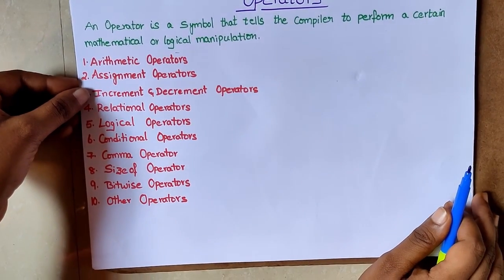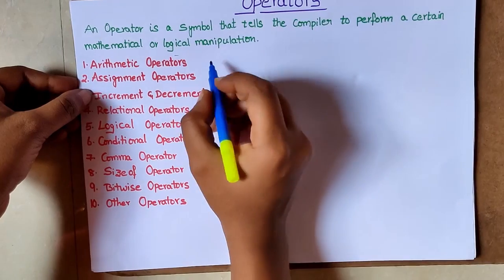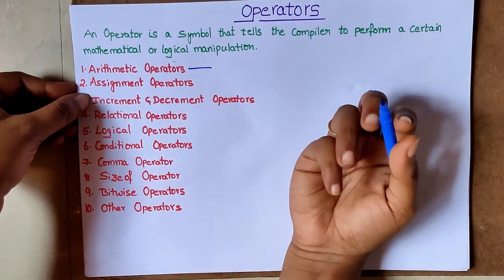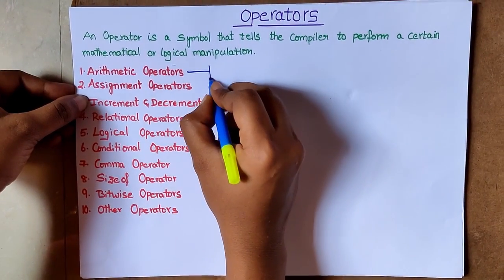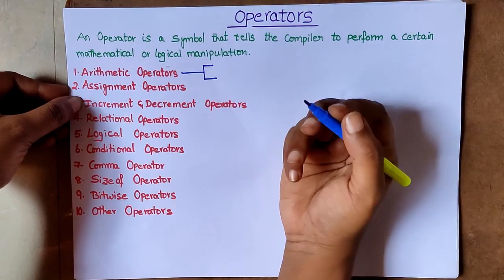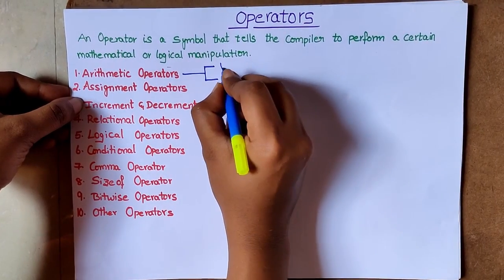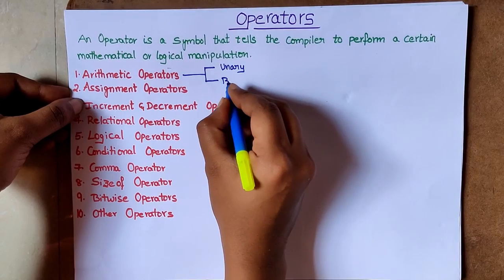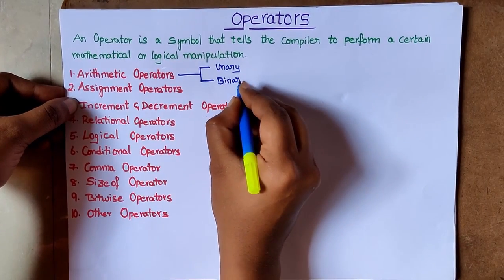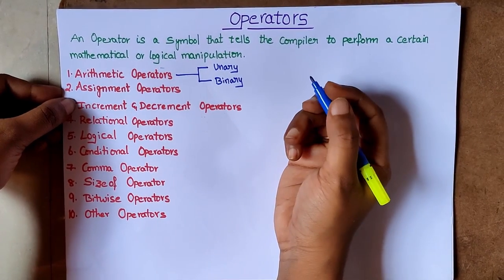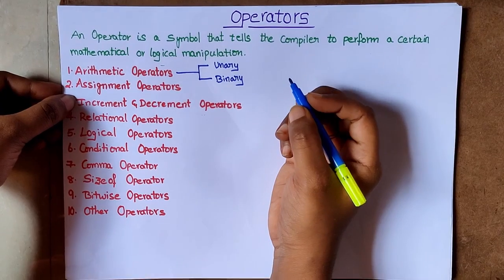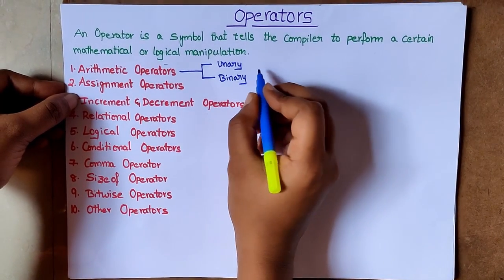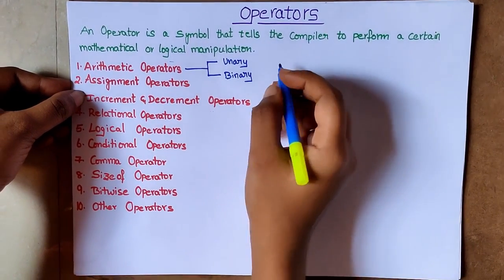First I am going to discuss the arithmetic operators. In arithmetic operators we have two different types: unary and binary. The unary operator is used with only one operand.